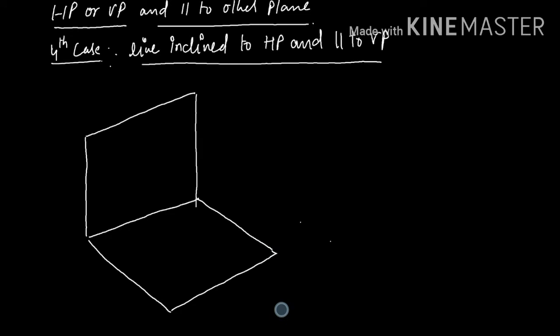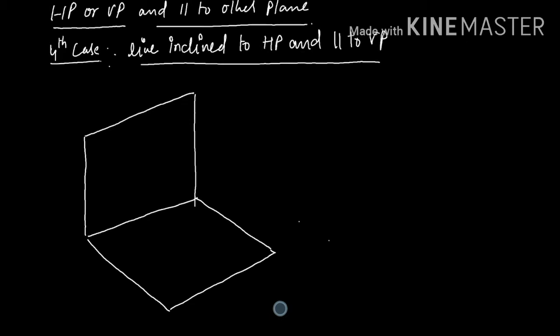Now a line which is parallel to VP and inclined to HP.